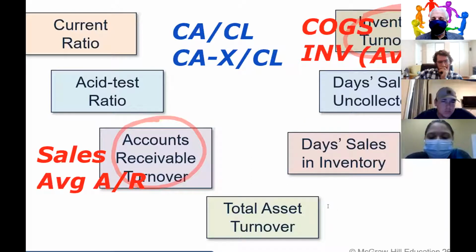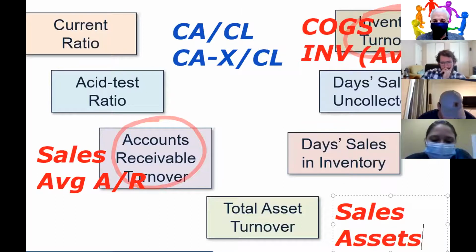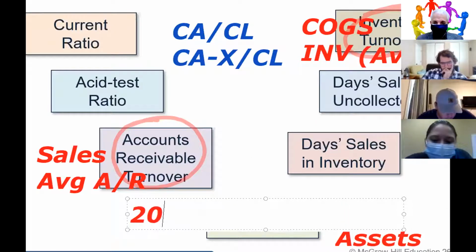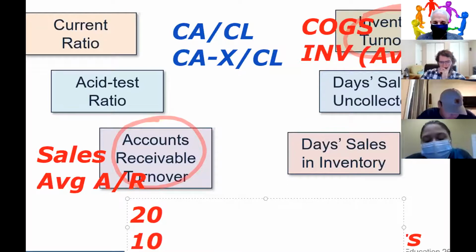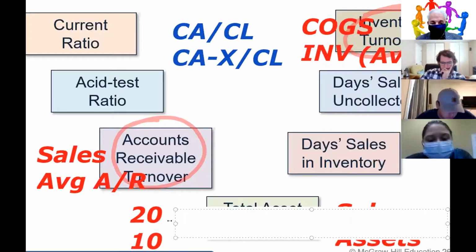So I would put sales in the numerator, assets in the denominator. With 20 million in sales and 10 million in assets, I would have an asset turnover ratio of 2.